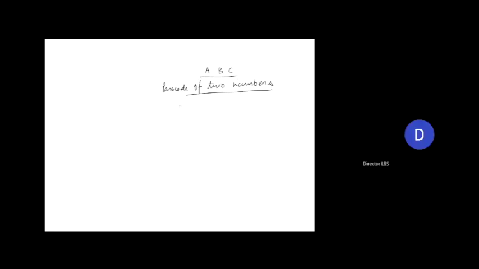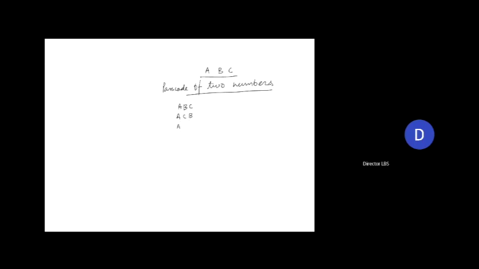Oh, look at this. So look at the possibilities. ABC is one passcode. ACB can be another. Then ABC and ACB are different passcodes.